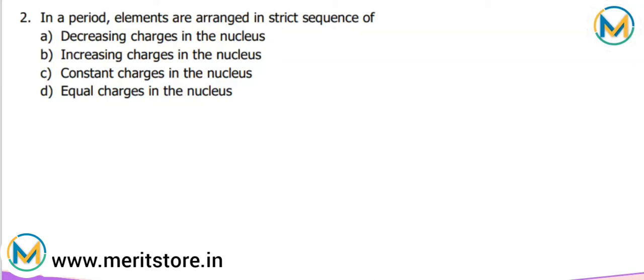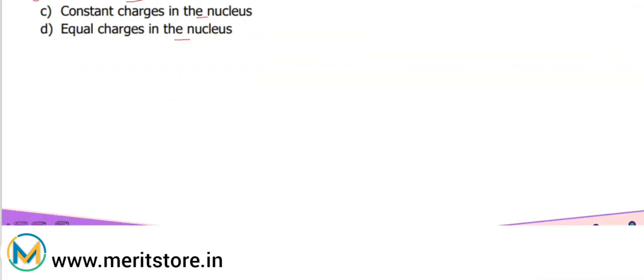So among the given options, the correct answer is option B, that is increasing charge in the nucleus. By decreasing the charge in the nucleus, the elements cannot be arranged. Constant charge in the nucleus is not possible, and equal charge in the nucleus is also not possible. So the correct answer is option B. Next question.